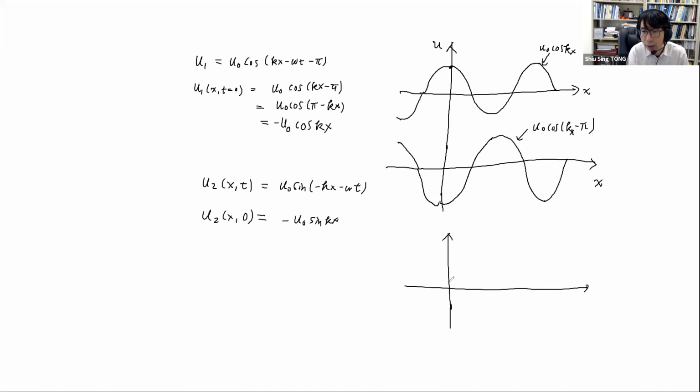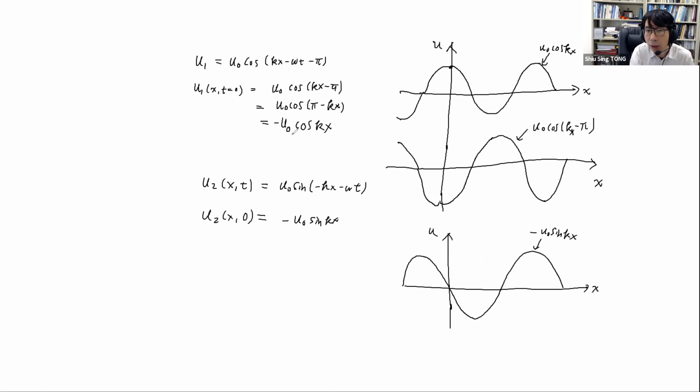The sine curve is something that looks like this, but with the minus sign it is a curve that looks like this. This is a minus sine curve. Okay, so this is the minus sine curve.